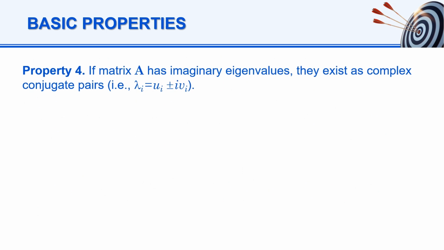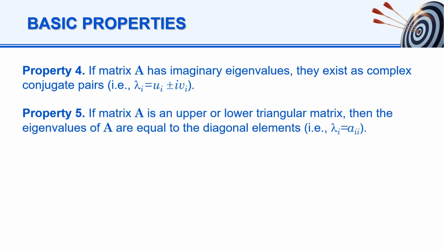Property 4. If matrix A has imaginary eigenvalues, they exist as complex conjugate pairs, i.e., λ_i = u_i ± i·v_i. Property 5.